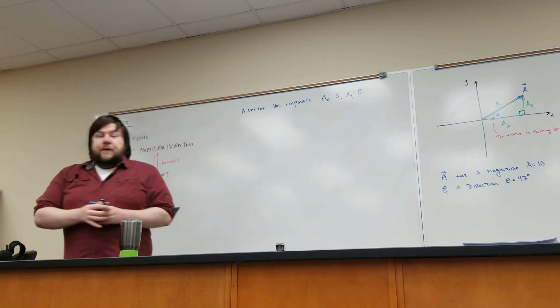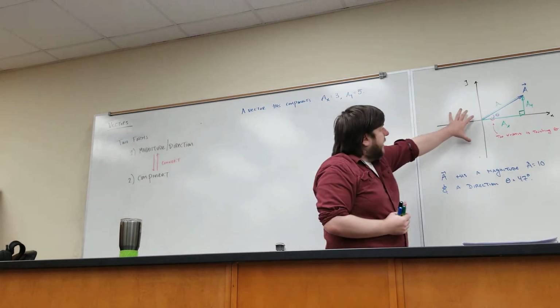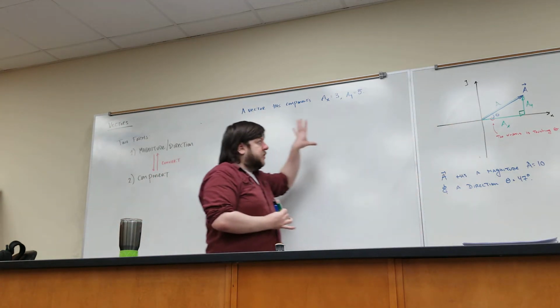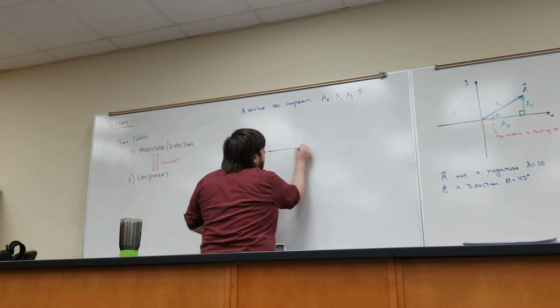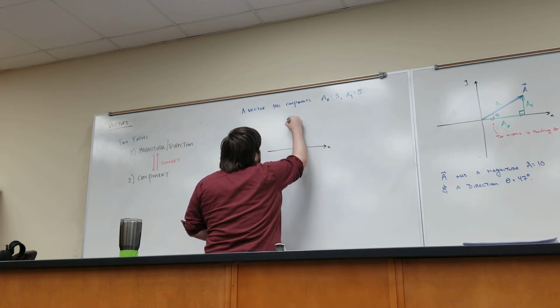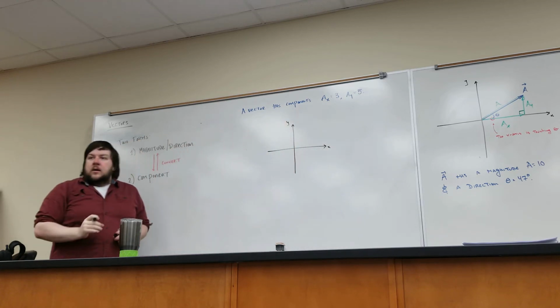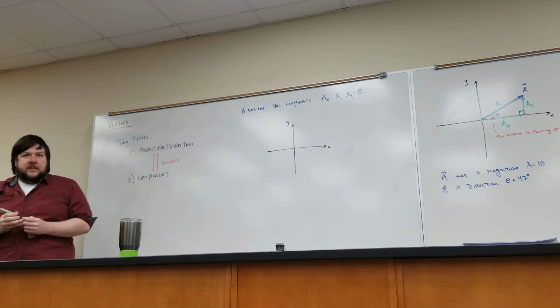Okay? Before doing any vector math, you should always draw it. I'm going to start by drawing it here. Okay? All we need to know are the components to determine roughly where that vector is pointing. We won't know exactly what angle it's pointing at, but we'll know roughly where it's pointing.